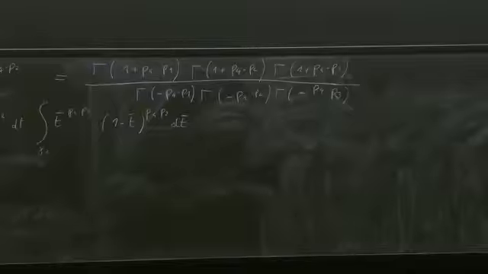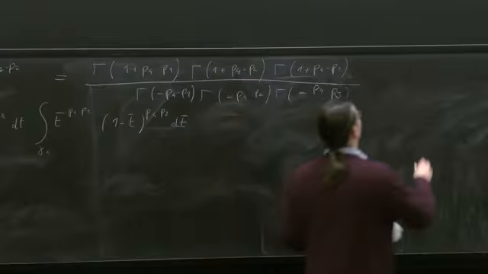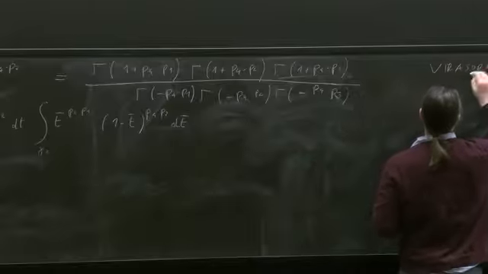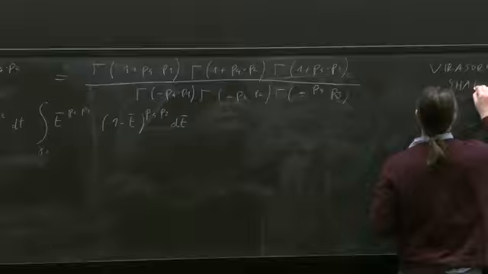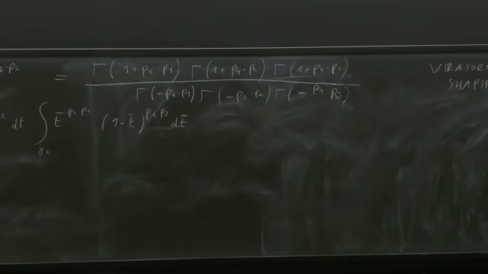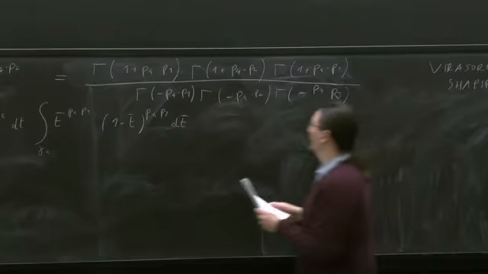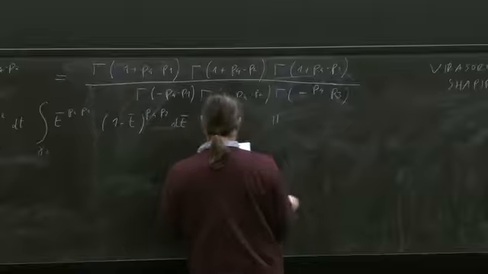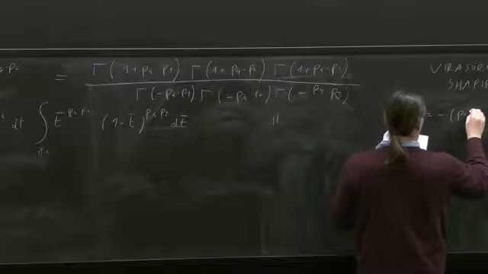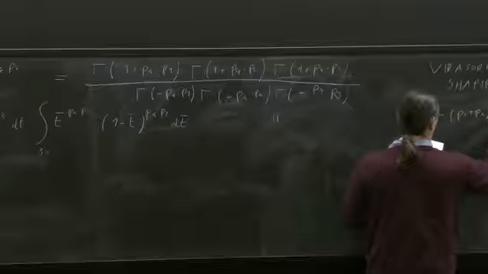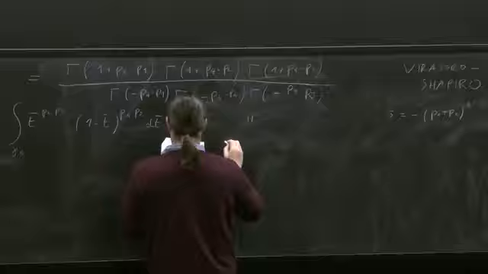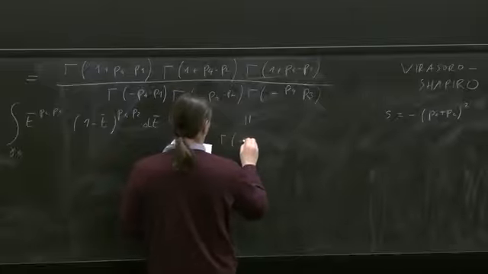It's called the Virasoro-Shapiro amplitude. It's perhaps better to write it in terms of Mandelstam variables to make it look like a more conventional expression. But it's never going to look conventional.